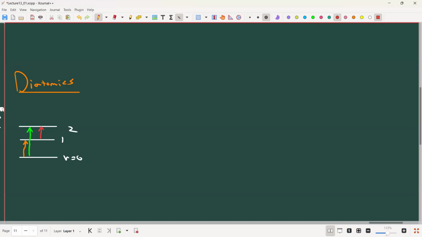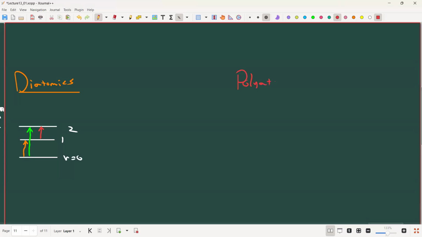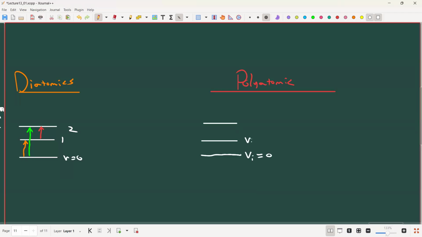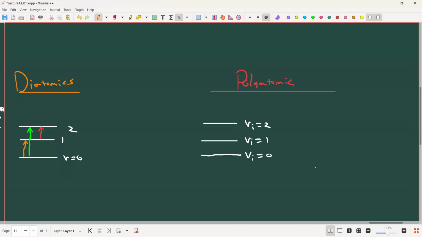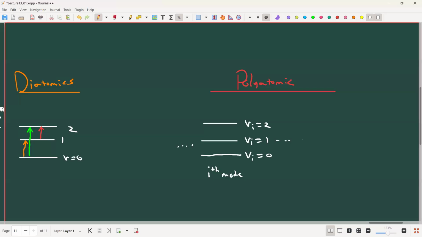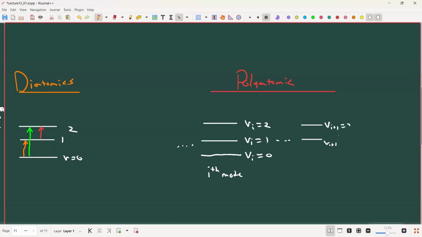Now, what about a polyatomic molecule? Well, I've got at least one mode, V sub i equals 0, V sub i equals 1, V sub i equals 2. But remember, I've got multiple independent vibrations. So this is the i-th mode. There's some other modes. There's the i plus 1 mode that has its own energy levels.